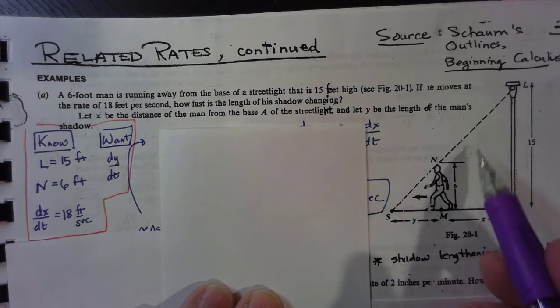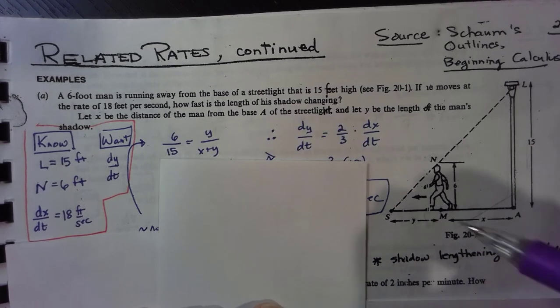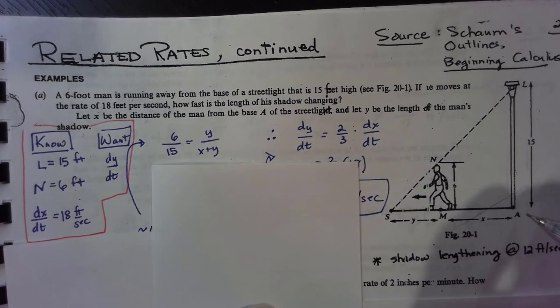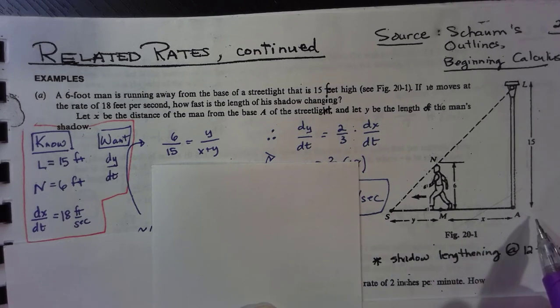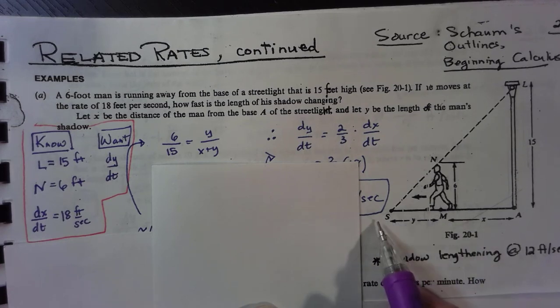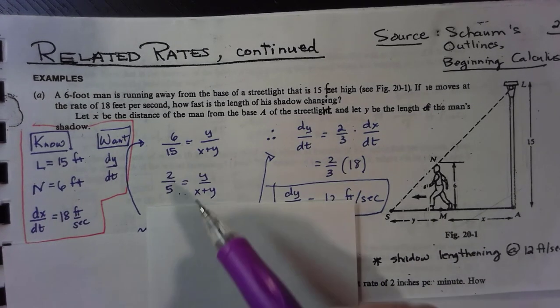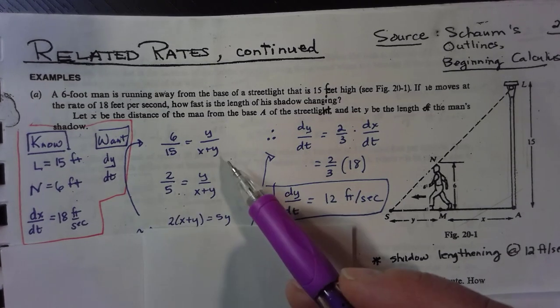So now we need to set up an equation that will relate these rates. We know that 6 to 15 equals y to the whole thing, x plus y. In other words, small to big equals small to big. Okay, and we can simplify that to be 2/5 equals y over x plus y.